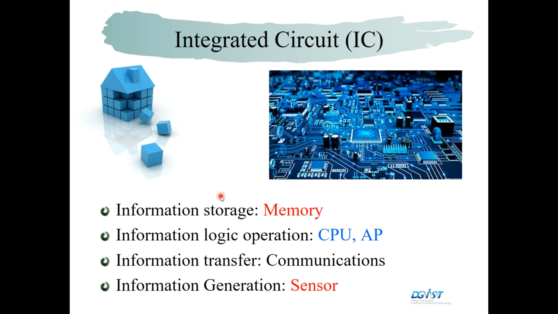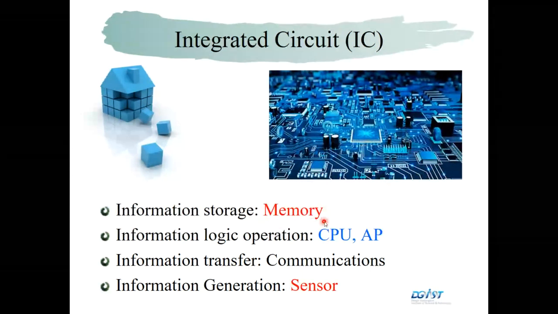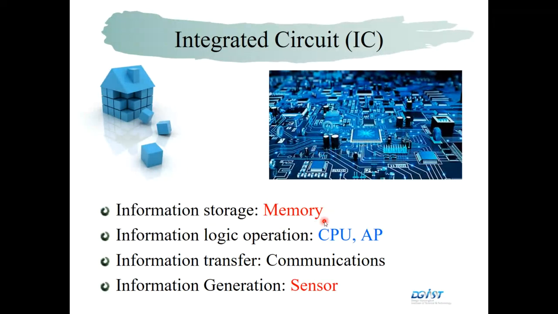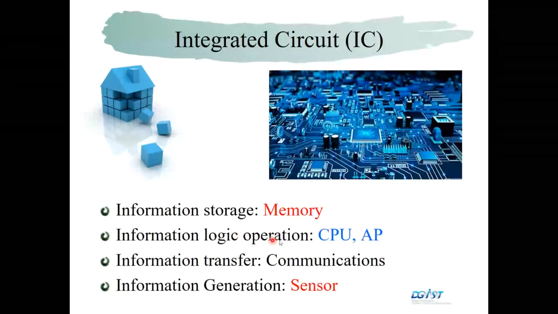All these ICs can be categorized into these four categories. Actually, there are more, but I simply categorize these four types. One of the most important is the storage of information, called memory. There are many kinds of memories, like DRAM, where we store information for a very short time, or cache memory, which is even shorter. There is logic operation on information, called the CPU, the central processing unit, or AP for the mobile one.